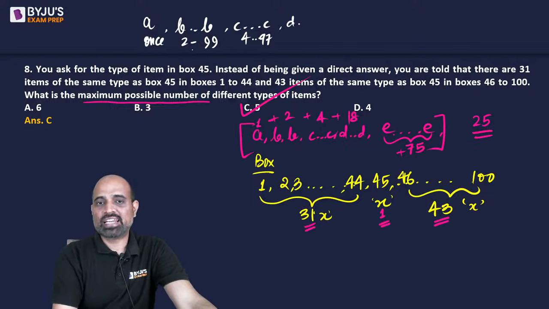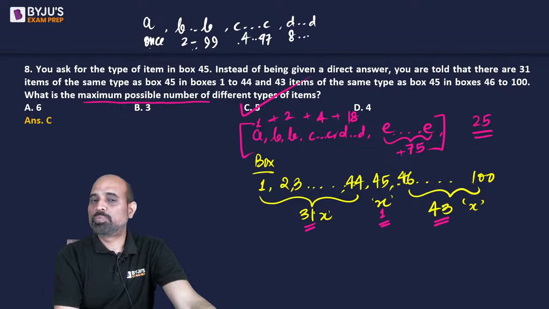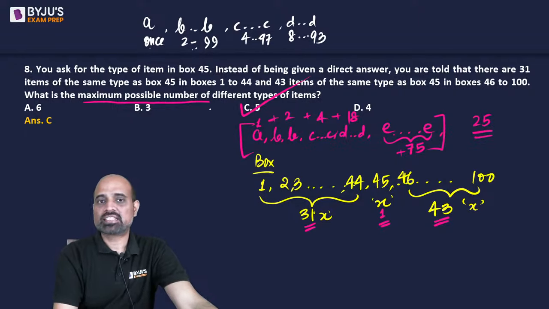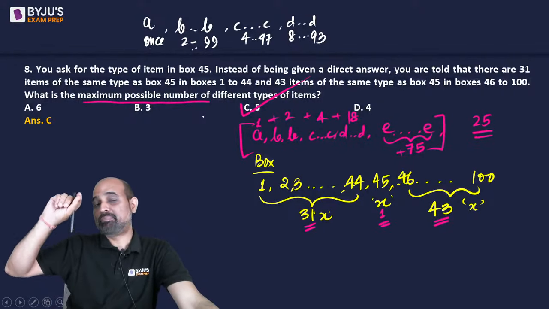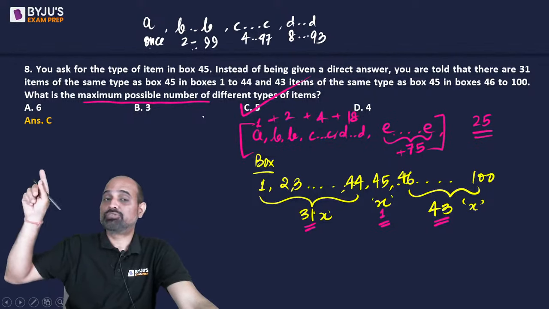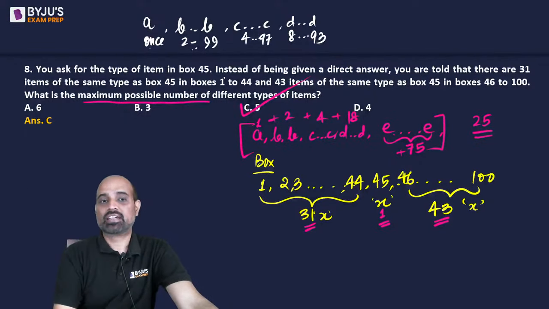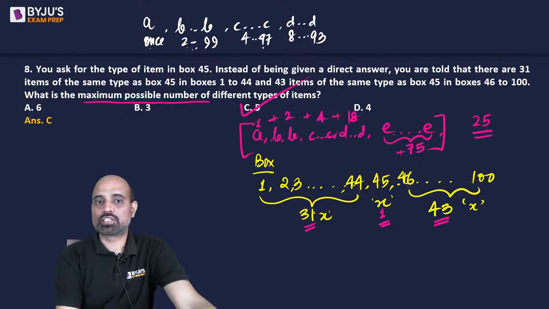Similarly, D could be from 8 to, 1 plus 2 plus 4, that is 7. 7 done, so this can go up to 93. As in, this lower range is getting doubled and the maximum of the range is getting reduced by that. 99 minus 2 is 97, 97 minus 4 is 93, 93 minus 8 how much will it be?